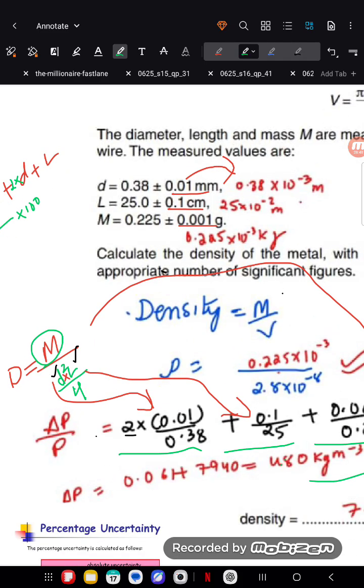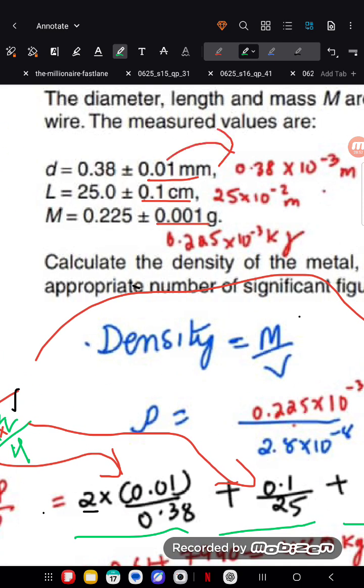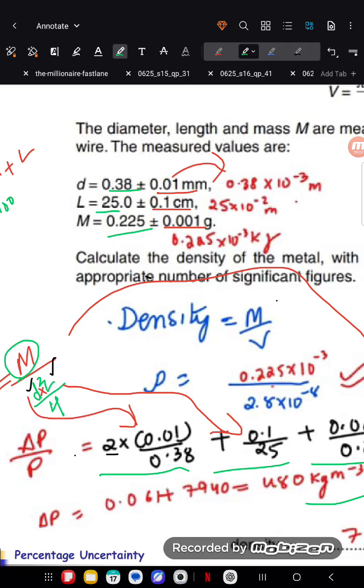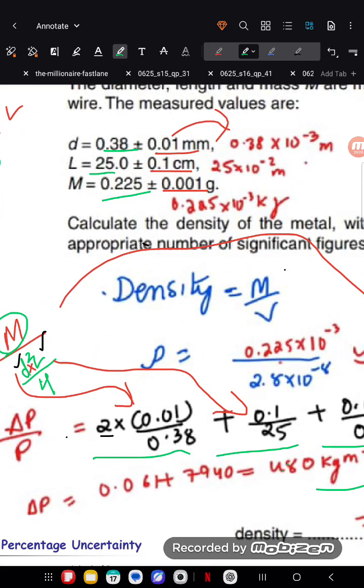Oh, okay, sorry, I did not convert this uncertainty value, but I have converted this thing into its value, like 0.38 uncertainty. It doesn't matter if you don't convert it also, but this thing you should convert. Okay, so again I'm repeating, I did not convert the uncertainty value, I converted this value in order to find the density.